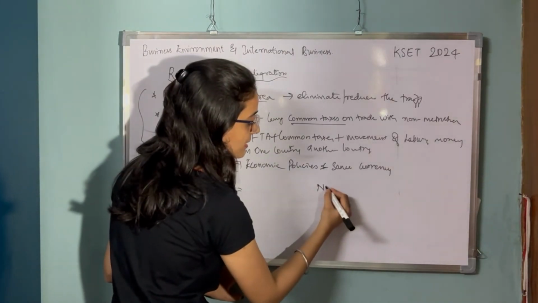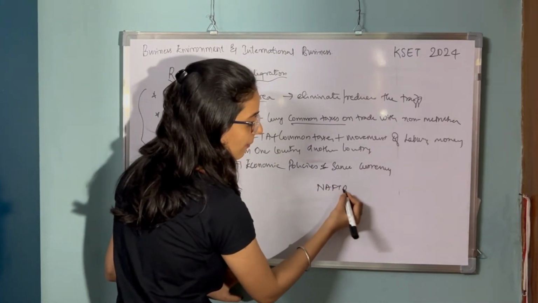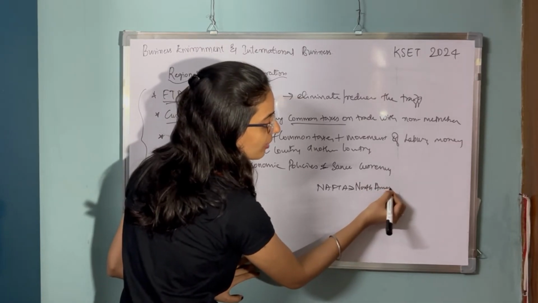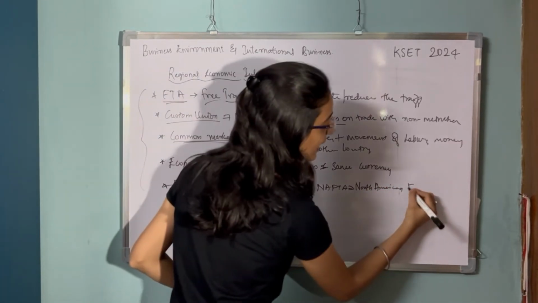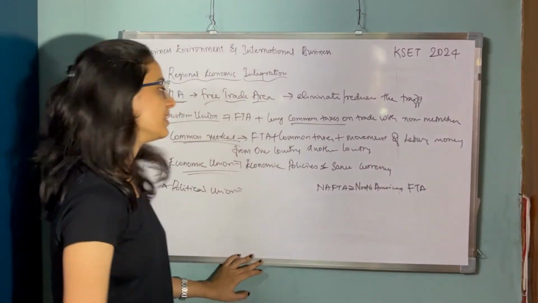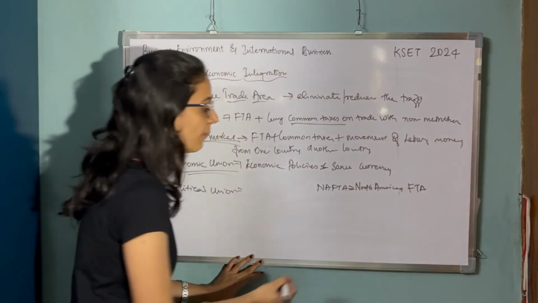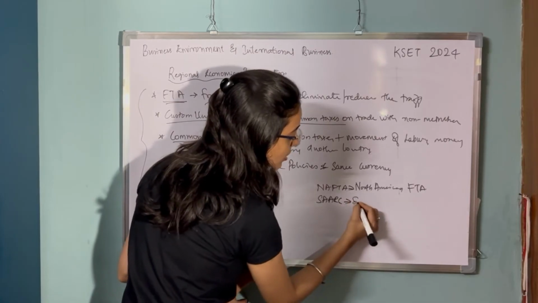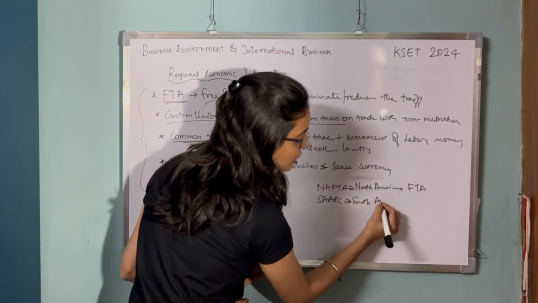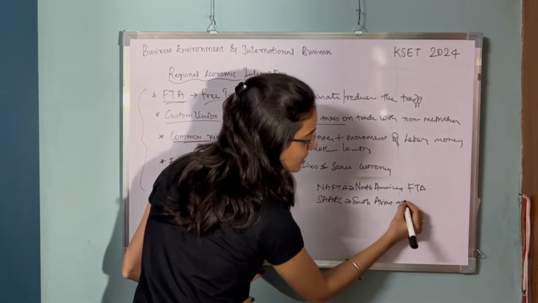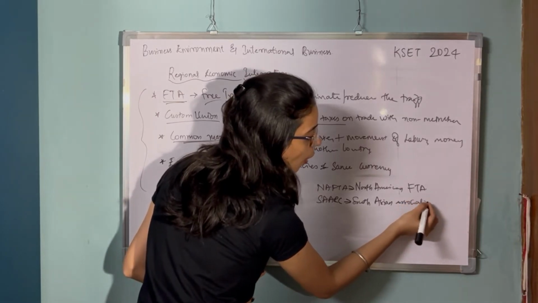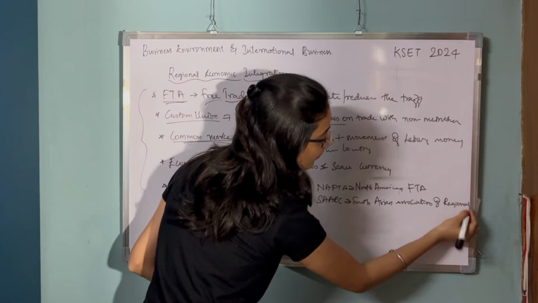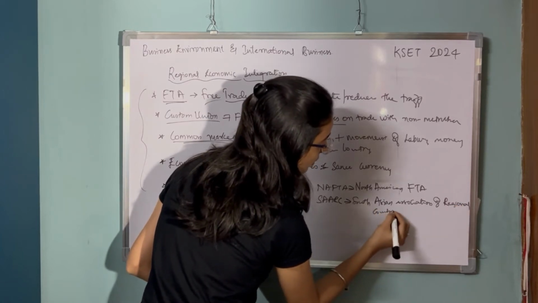A few of the examples are NAFTA, which is North American Free Trade Agreement, FTA or free trade area. Next, there's something known as SAARC, right, which is South Asian Association of Regional Cooperation, right?